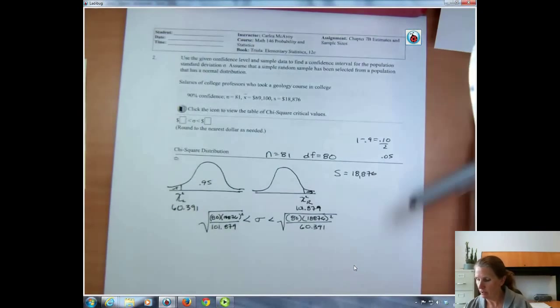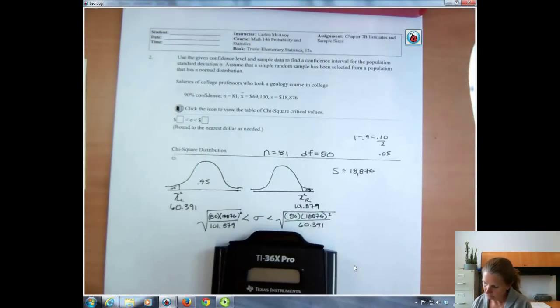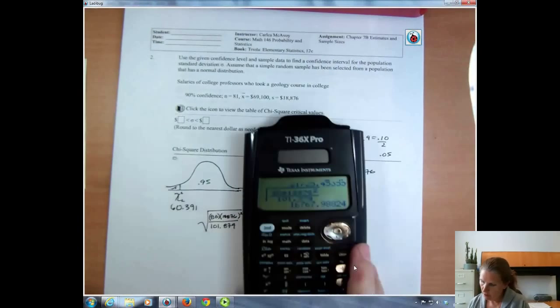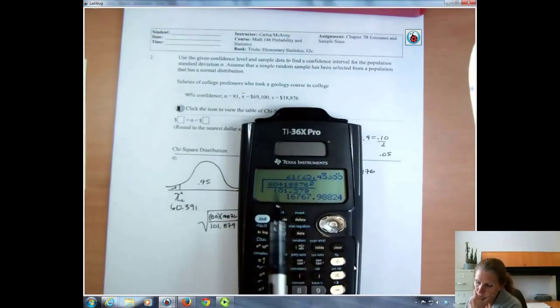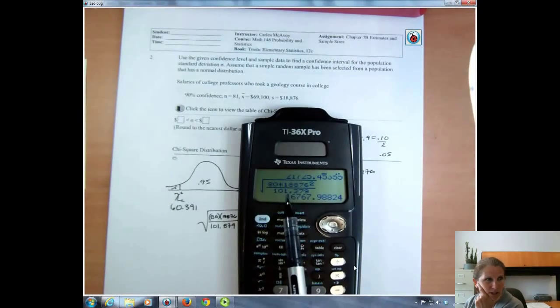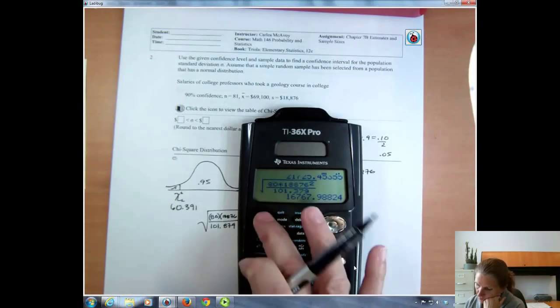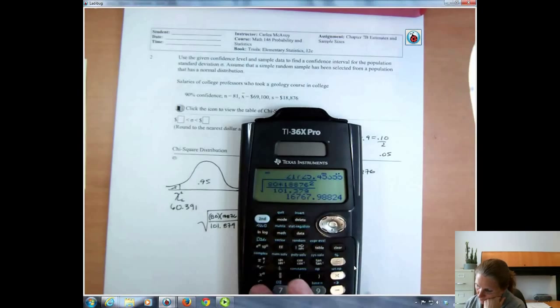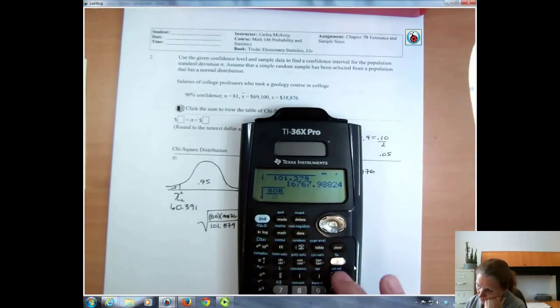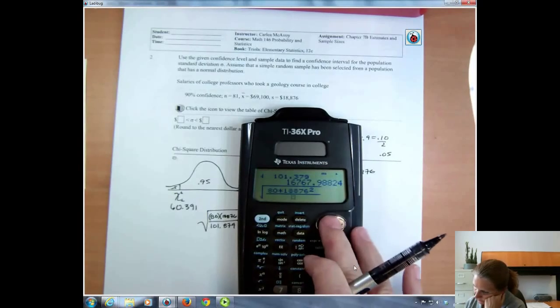Somewhere is my calculator. Here it is. You can see that I just put that one in already earlier. That one I did 379. I was trying to see what's happening, but let's do this again. I have 80 times 18,876, and that value is squared.